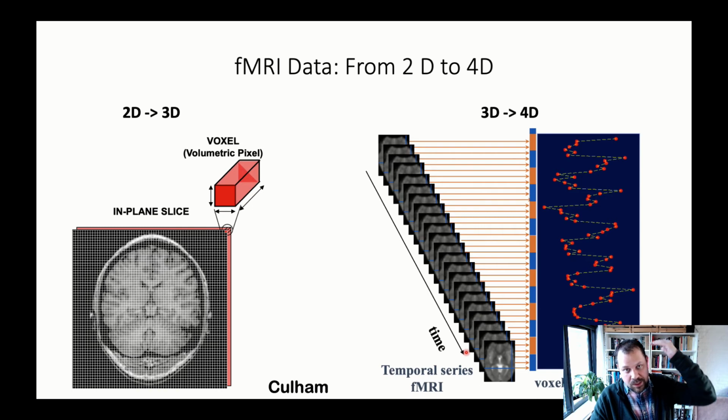Then this gets reconstructed in the scanner, and you get a new time point every 2 seconds, as you can see here, leading to now a 3D volume being recorded every 2 seconds throughout the entire experiment, which gives us about, let's say, 500 to 1,000 volumes or time points that we can then work with and correlate our behavioral measure with the signal change observed in each of the voxels within this 4D volume.